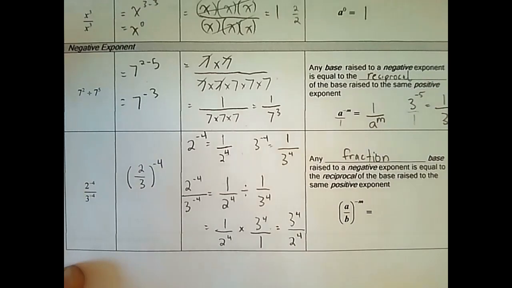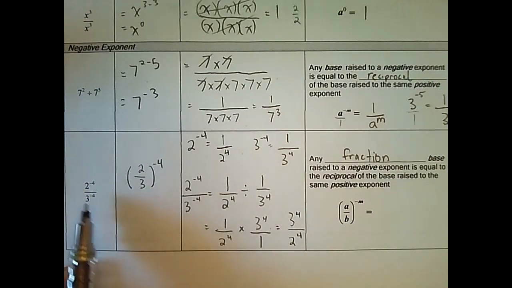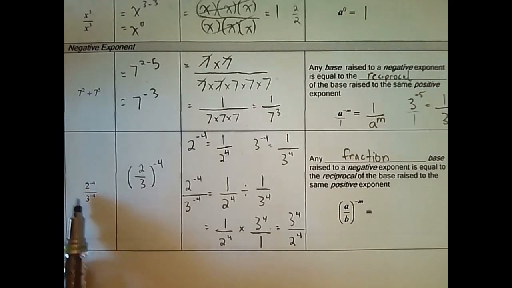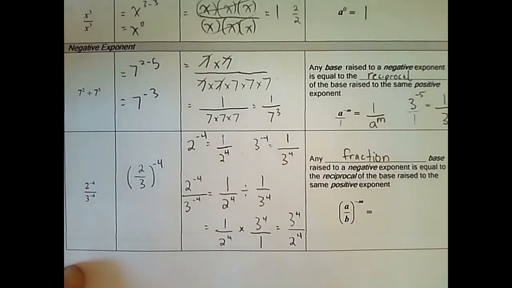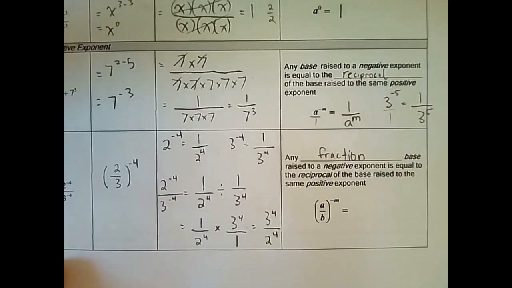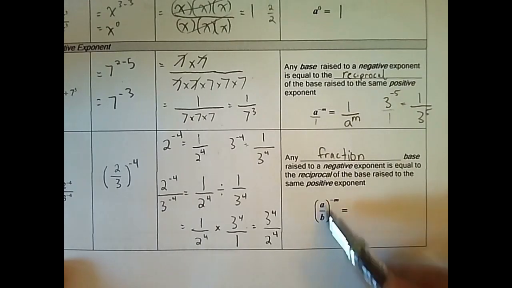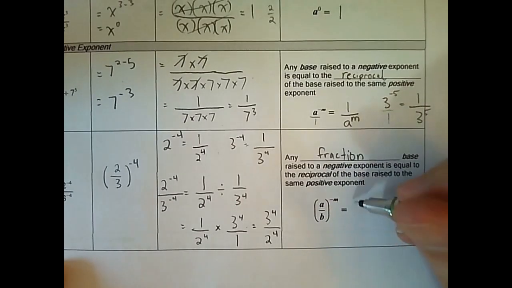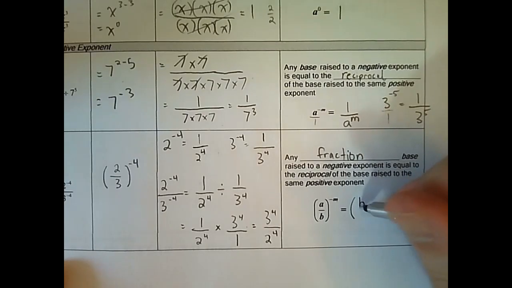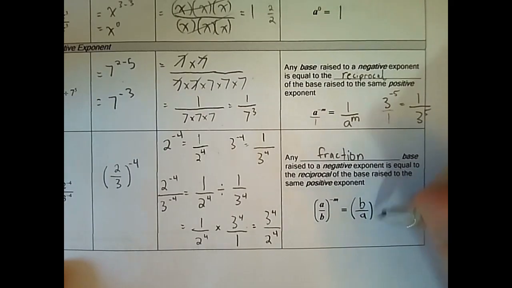So notice that all we did, instead of being in negatives here, was flip the fraction and then change the sign of the exponent. So here, if the fraction is a over b to the power of negative m, I can write that as b over a to the power of positive m.